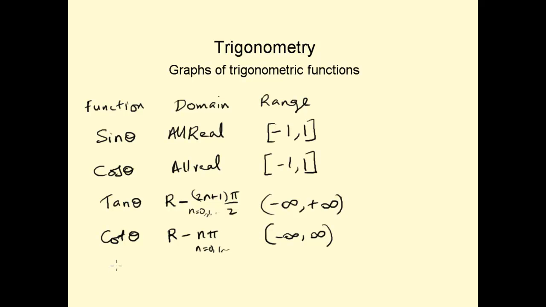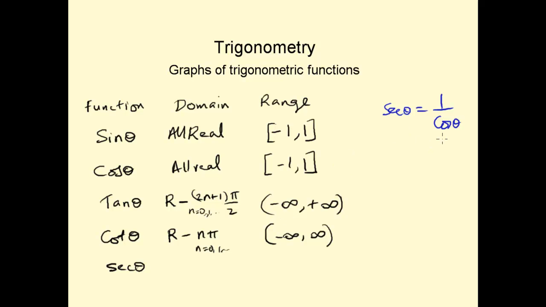And then secant theta. What is the domain for secant theta? Secant theta is given by 1 over cos theta. So secant theta can take all values except when cosine theta is equal to 0. Just like tan theta, right?